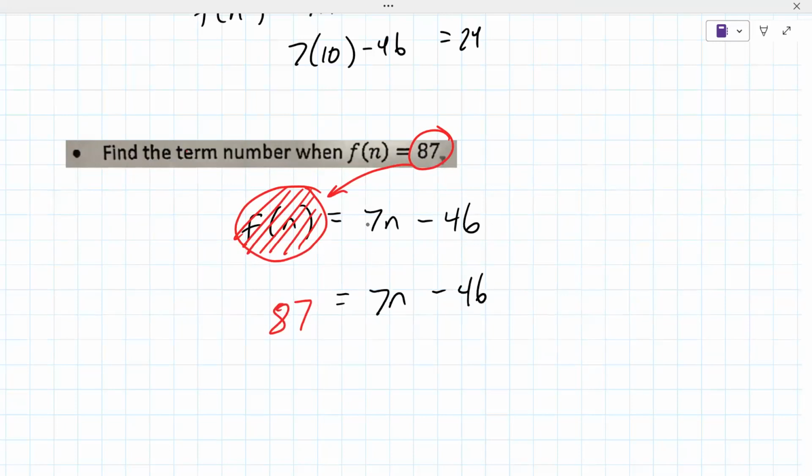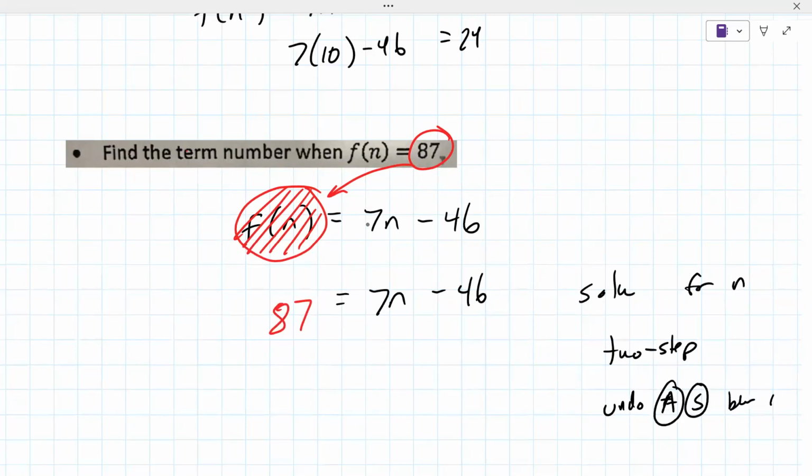So you have to solve for n. And this is a two-step equation. You undo addition and subtraction first, before multiplication and division.